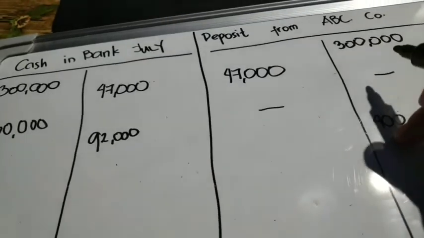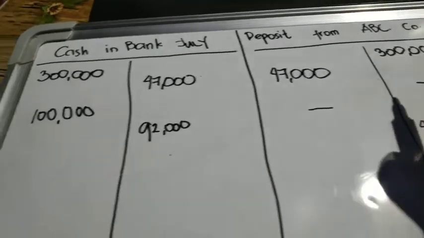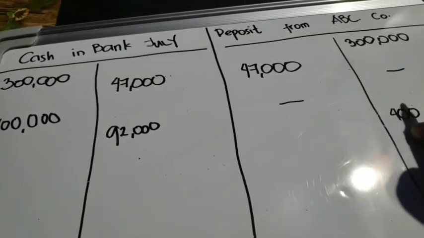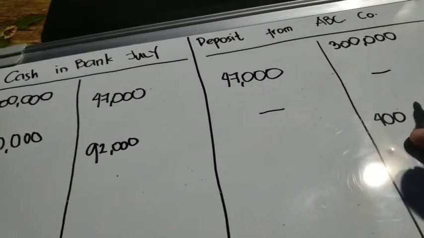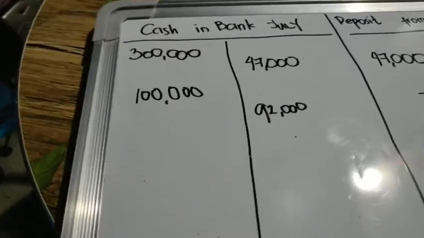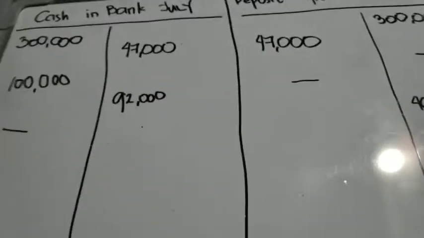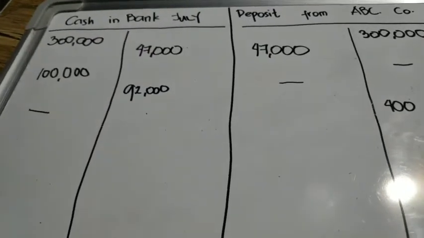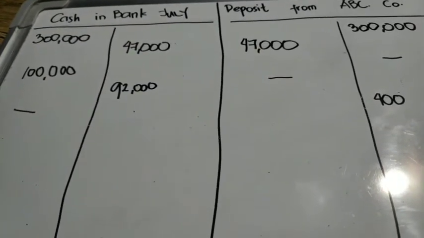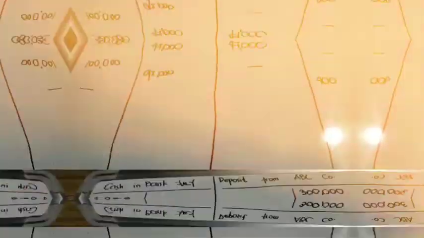Kaya di ba pag naay sulod nga kwarta sa bangko, credit. Pag naay sulod nga kwarta sa cash in bank, it is on the debit. So, butangan nimo og linya. It means nga wala na reflect si 400 to the amount in cash in bank.